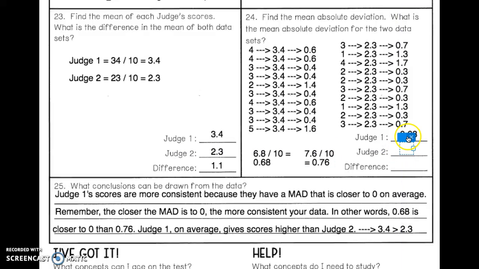So Judge 2 was a little bit further away from their mean. And then when you subtract the two, you get 0.08. All right, so there is number 24.